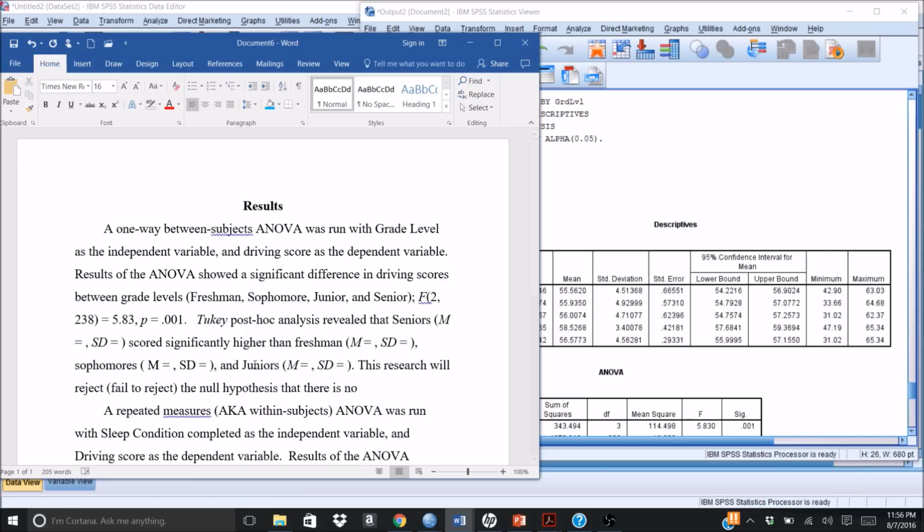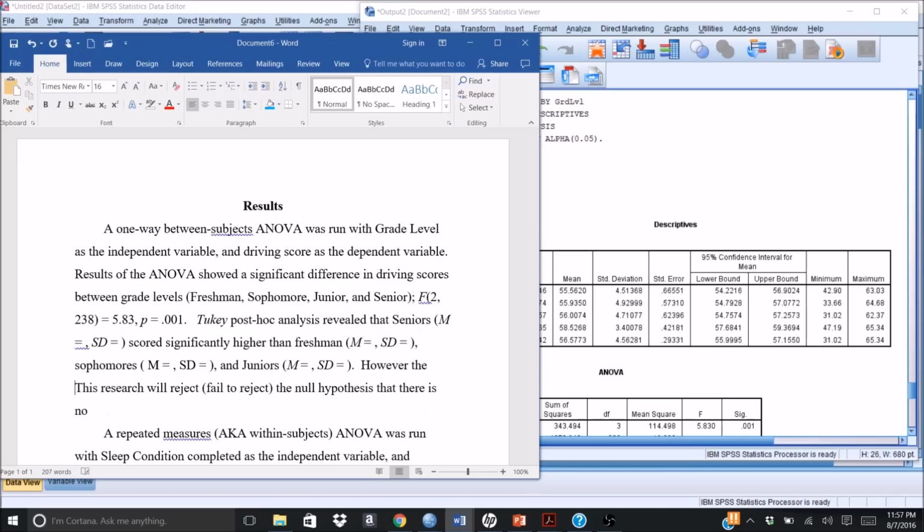And juniors. I want to add one more sentence though, because what I've discussed is the relationship between seniors and freshmen, seniors and sophomores, and seniors and juniors, but I haven't discussed any of the relationships between sophomores and juniors, freshmen and sophomore, freshman and junior. So I want to address all of them.